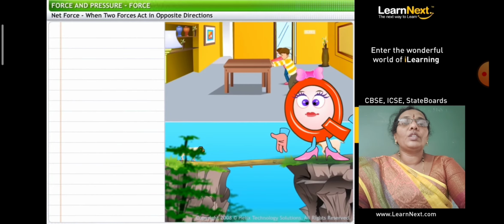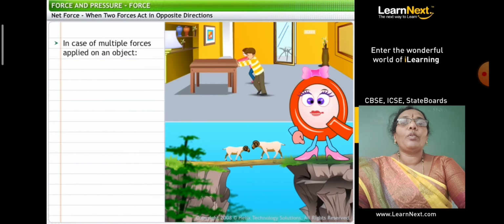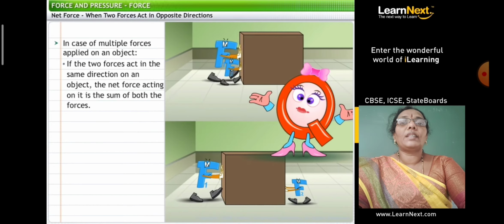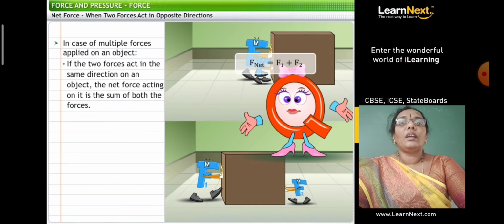So in both the situations, we come to a conclusion. In case of multiple forces applied on an object, if two forces act in the same direction on an object, the net force acting on it is the sum of the forces.